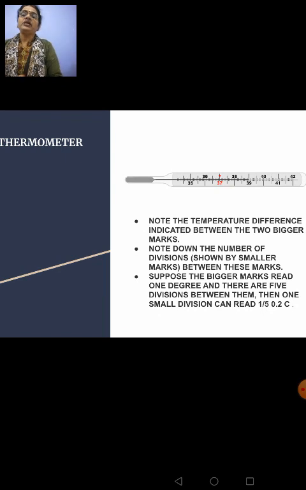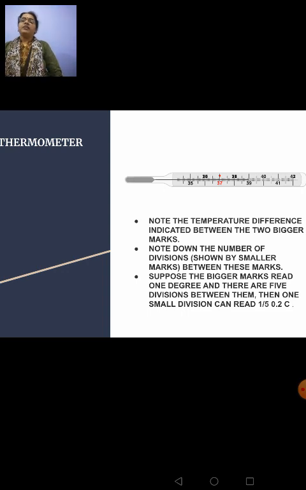Between those two bigger measurements, you see small divisions. This you must have seen on the ruler that you get to school. Its measurements are written in centimeters and millimeters, 1, 2, 3. Between 1 and 2, you will have small divisions that you will calculate as 0.1, 0.2 and so on.